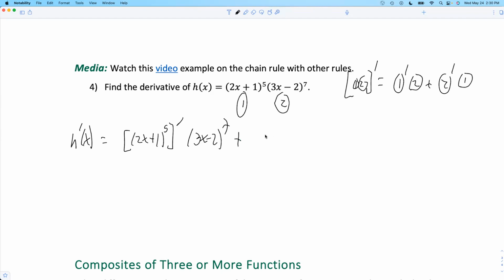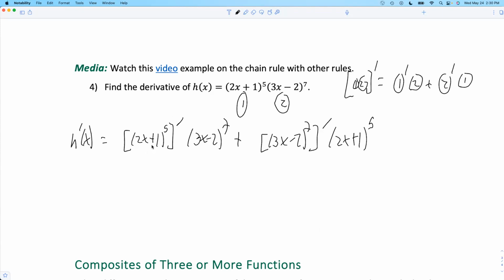Plus derivative of the second times leave the first alone. Okay, so now let's do these. Oh, I got two derivatives I have to find here.